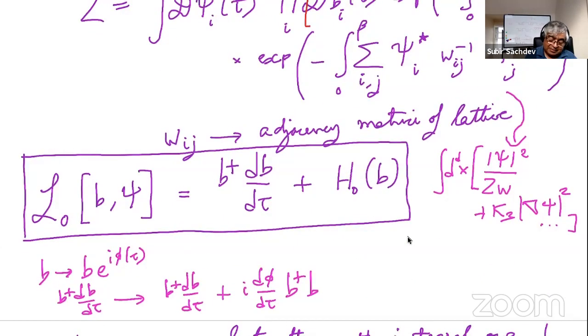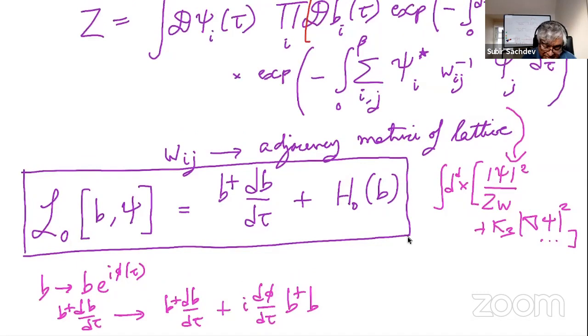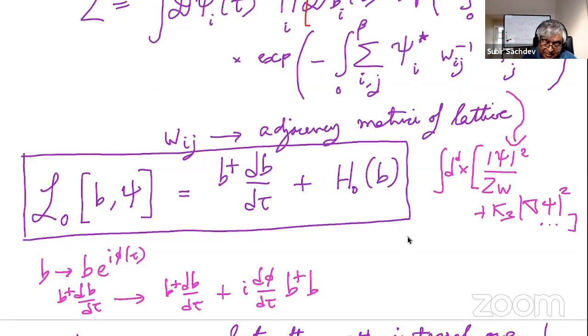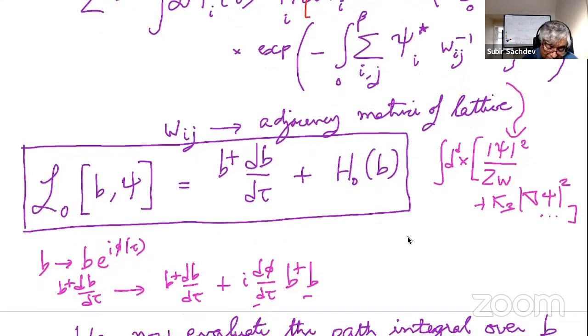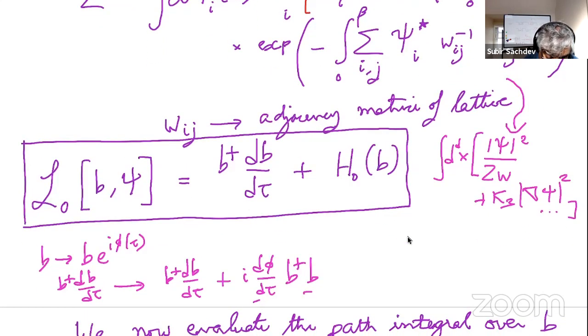Okay, so we're going to gauge this local symmetry. And for this to be a gauge symmetry, what we have to do then is we have to have another term which cancels this thing. You have to have something that cancels this. Well, what we notice is that this B dagger B appears somewhere else in the Hamiltonian.